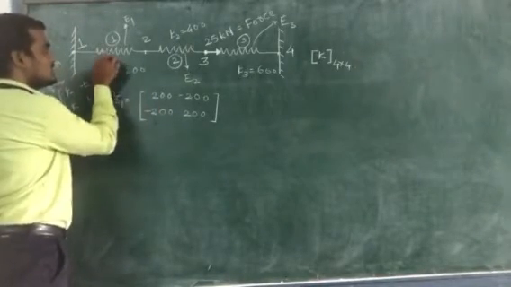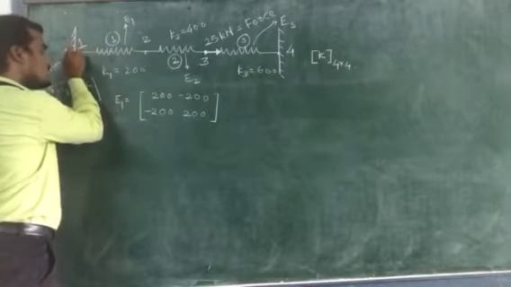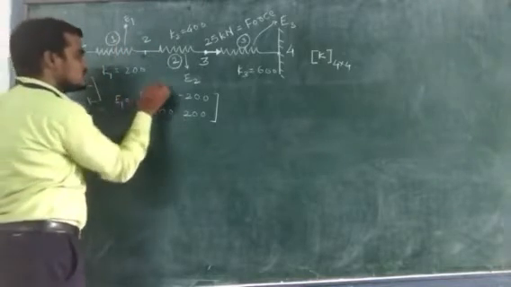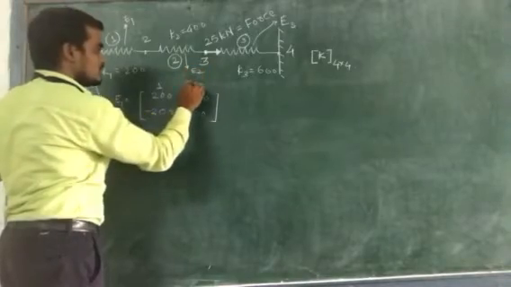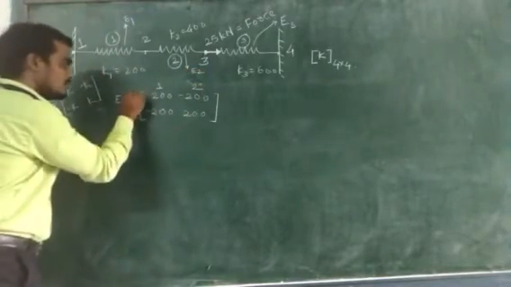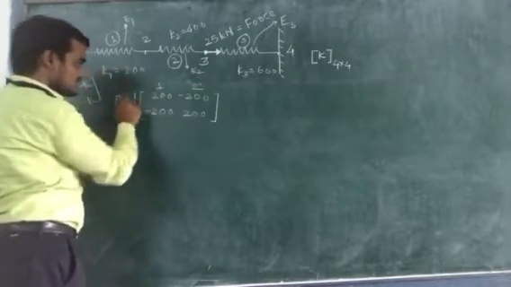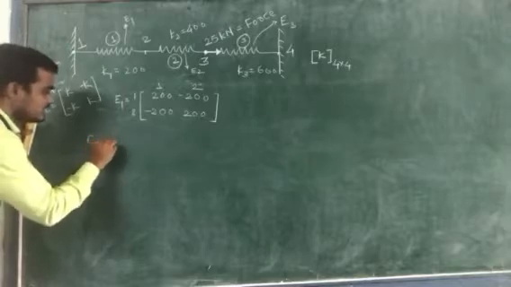This element 1 lies in between node 1 and node 2. So the position of that elemental stiffness matrix will be between node 1 and node 2, meaning these are the columns and these are the rows. Similarly, write down the elemental stiffness matrix E2.